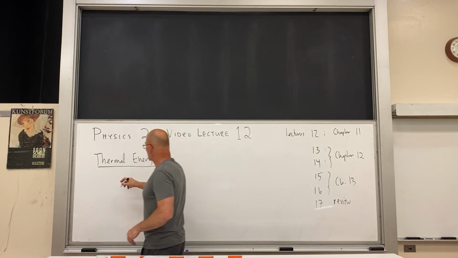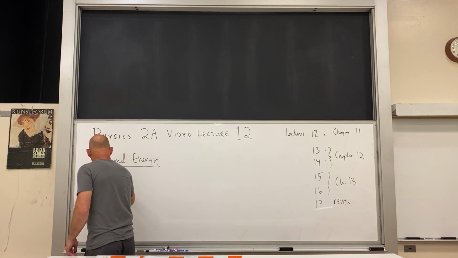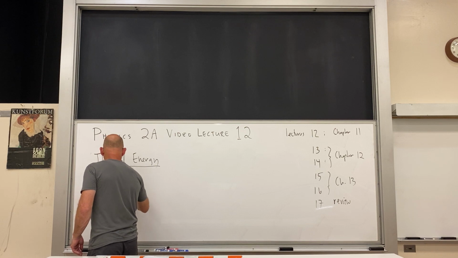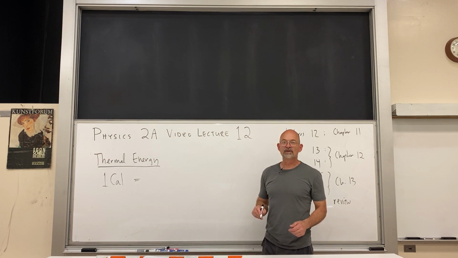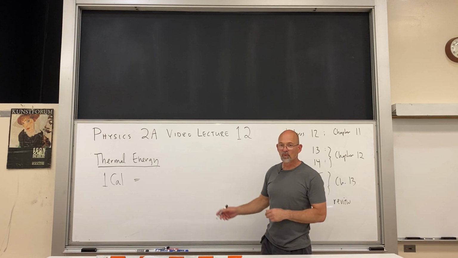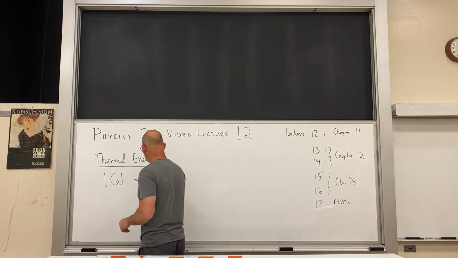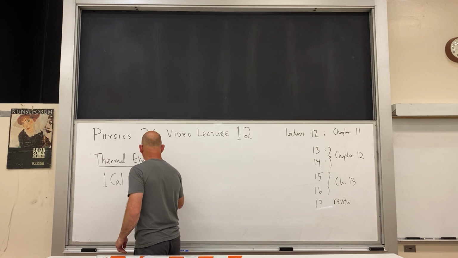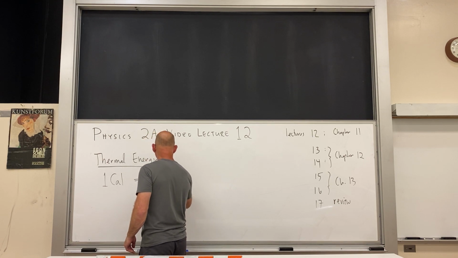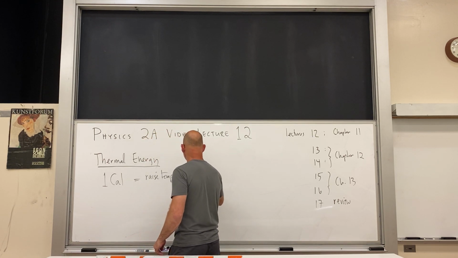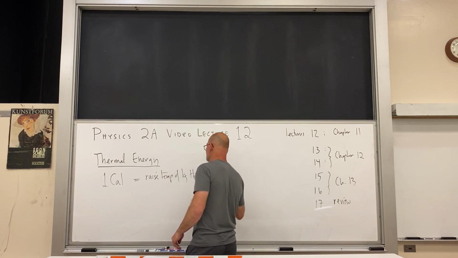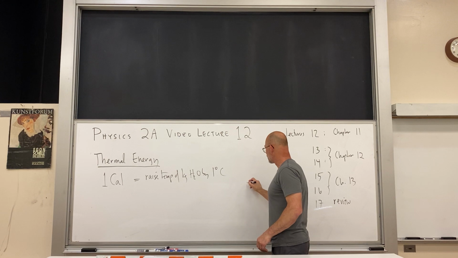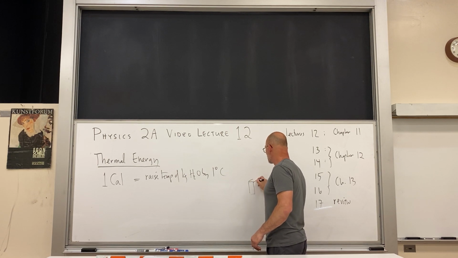So if I go into the thermal energy, first I just talk about the calorie. And it allows me to raise the temperature of a liter of water or of a kilogram of water by 1 degree Celsius. Raise temp, kilogram of water by 1 degree Celsius. And a nice cartoon to go with that is the butter candle.